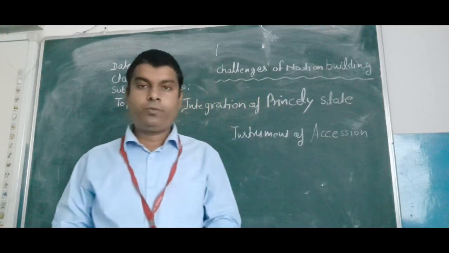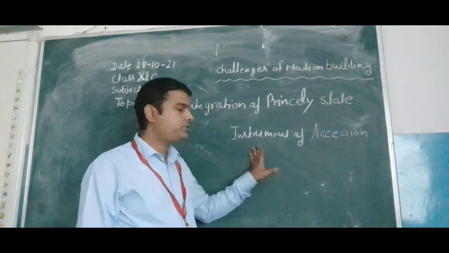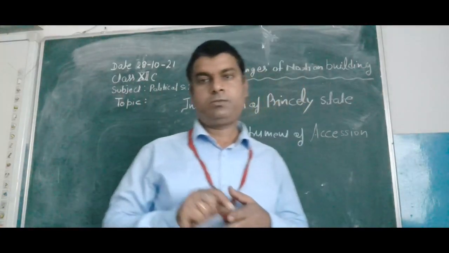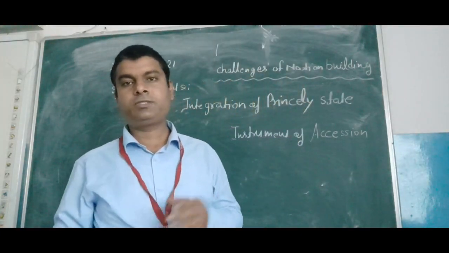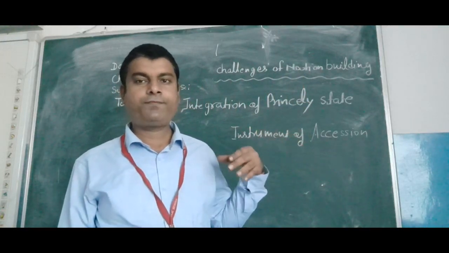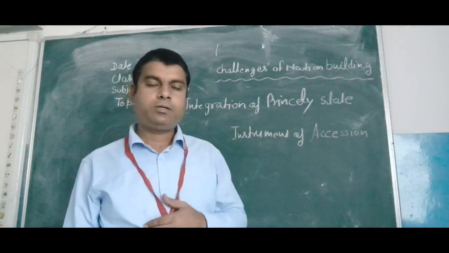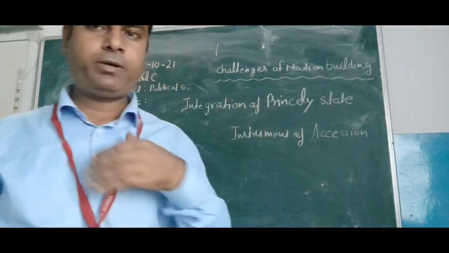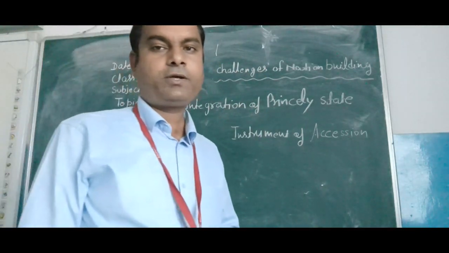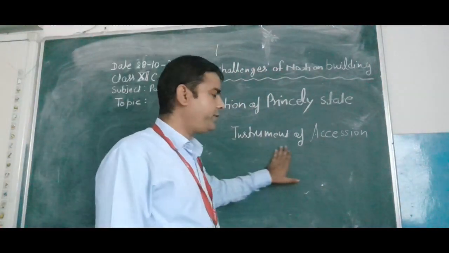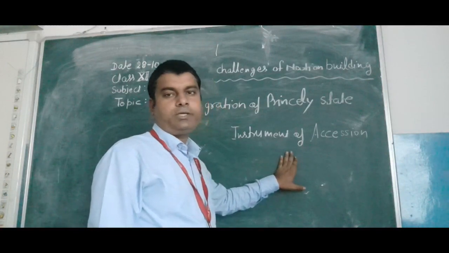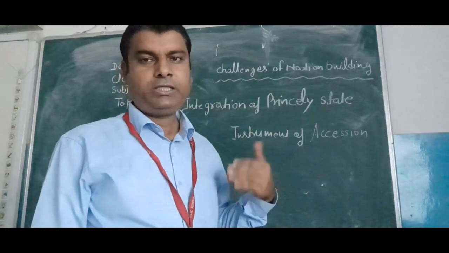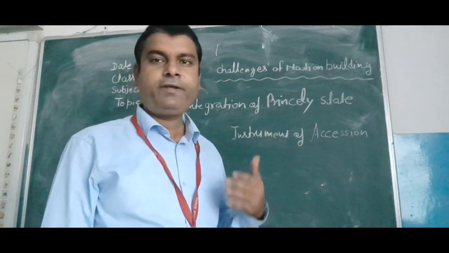Our Indian government made the instruments of accession. All the princely states were going to sign these instruments of accession, and after this they legally became members of the Union. Okay, class. They became members of the Indian Union after signing the instruments of accession. This is a legal document, and this paper was signed by each and every princely state.